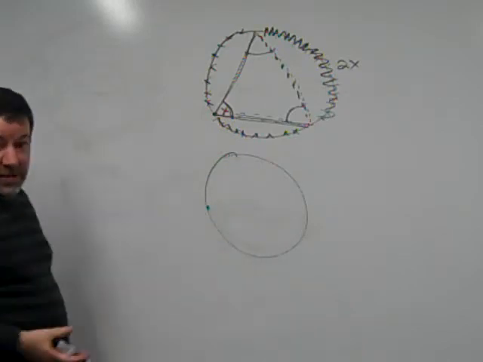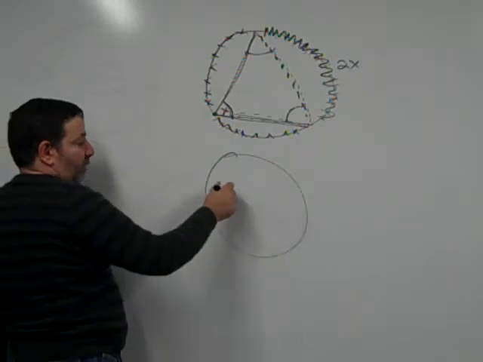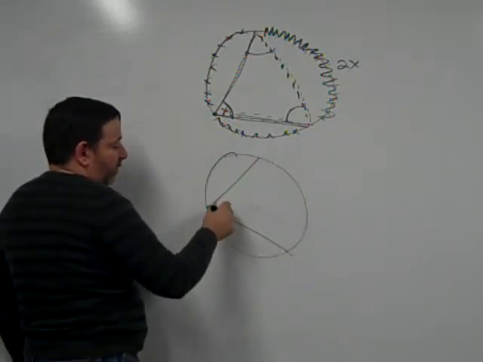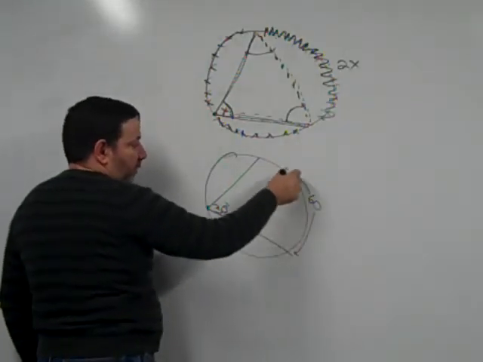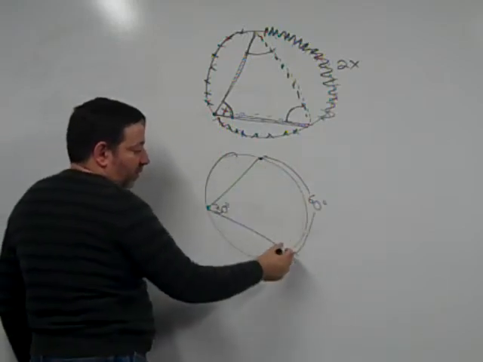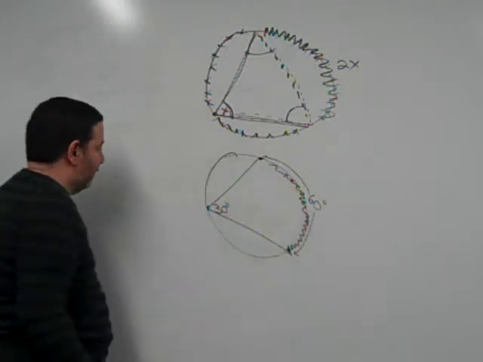And that's how I remember that it's 2 to 1. Or 1 to 2, whatever you prefer. If this is 30 degrees, then this arc is 60 degrees. That is from here to there. All of this, 60 degrees.